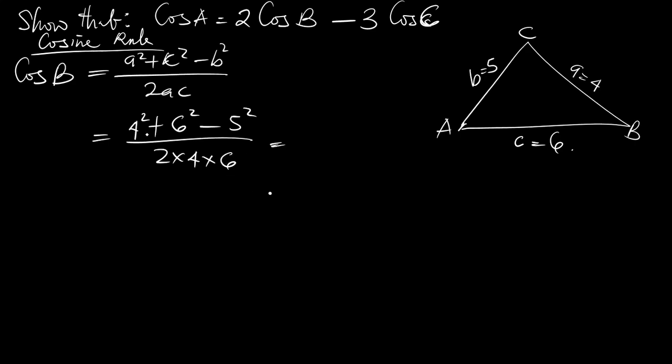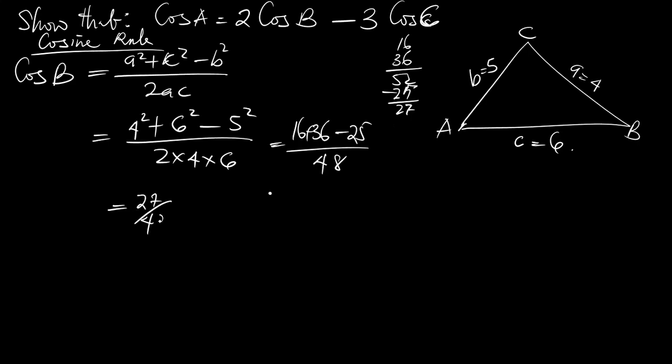Now this will give us 16 plus 36 minus 25 divided by 48. So 16 plus 36 gives us 52, minus 25 gives us 27. So now 27 divided by 48: 3 divides 27 to give 9, and 3 divides 48 to give 16.